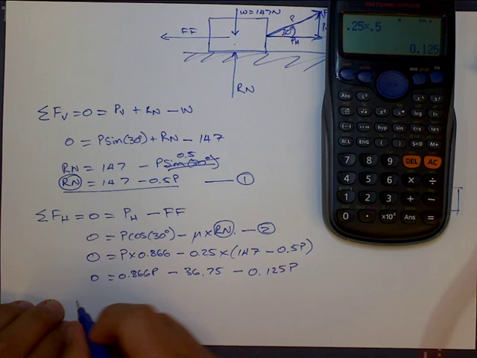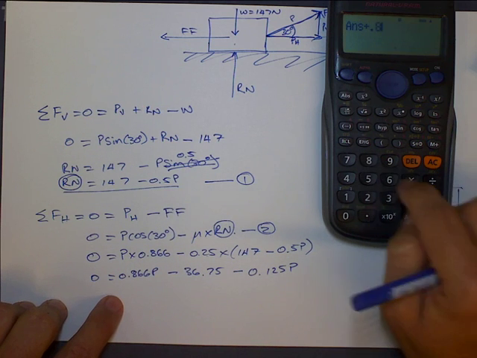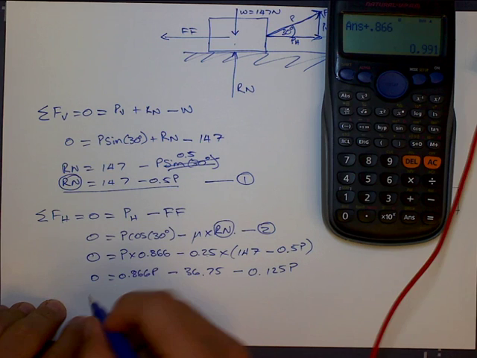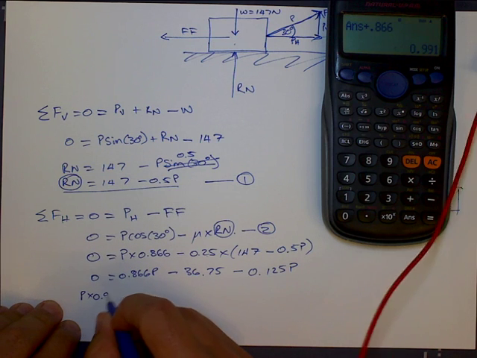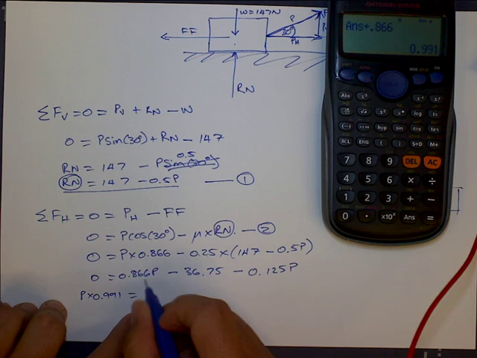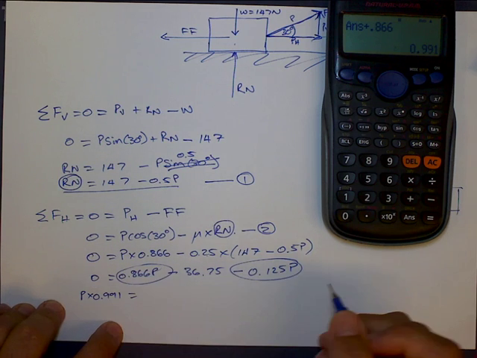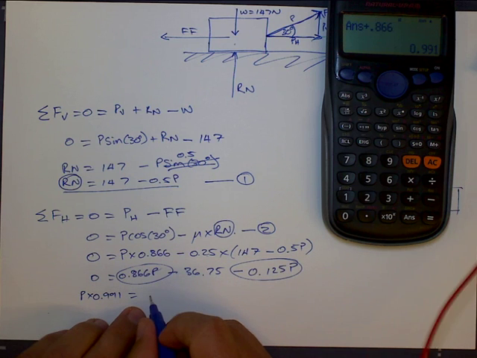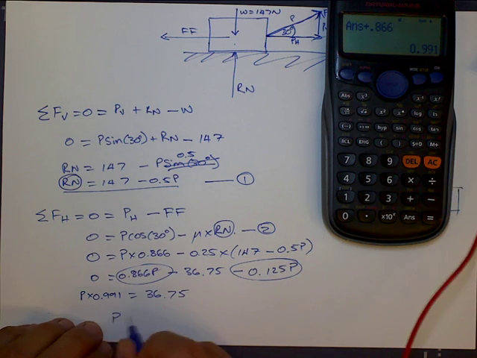And going along with it, 0.125 plus 0.866 equals 0.991. So P times 0.991 is equal to, I'm just grouping these two values together, adding them together, and then putting them all across the other side, 36.75.